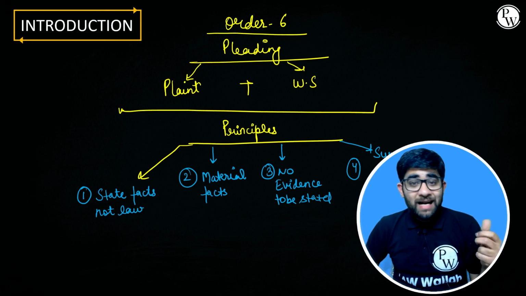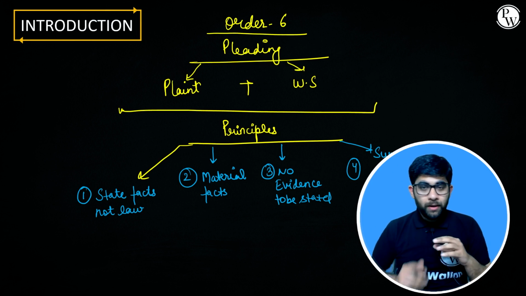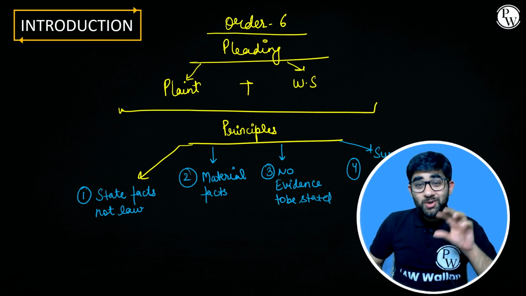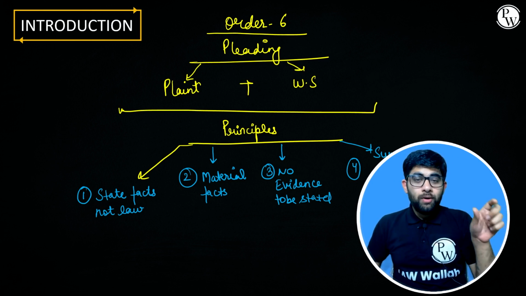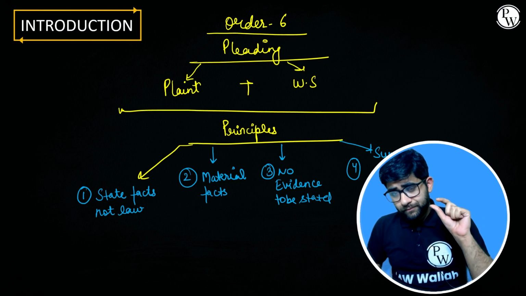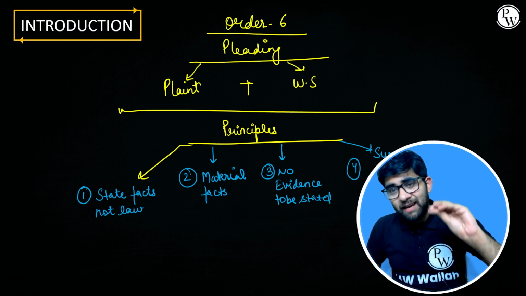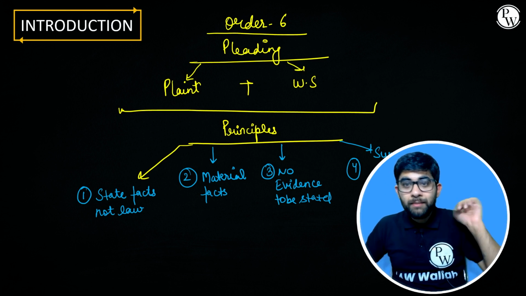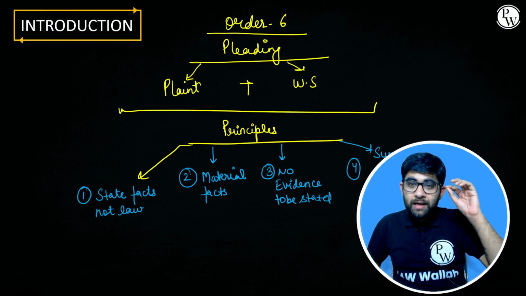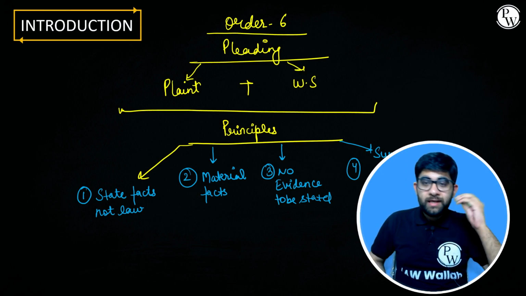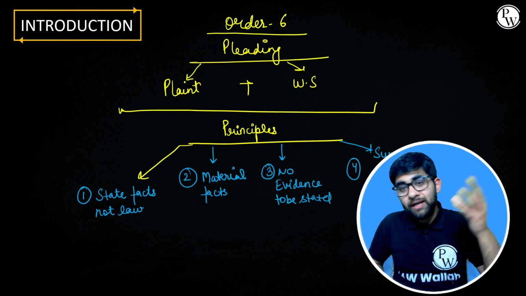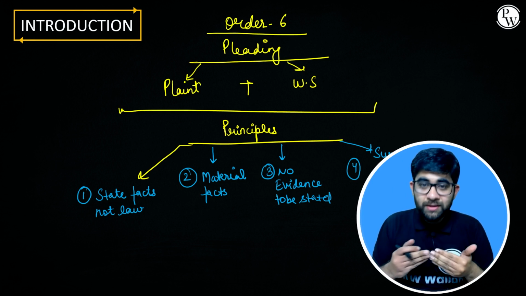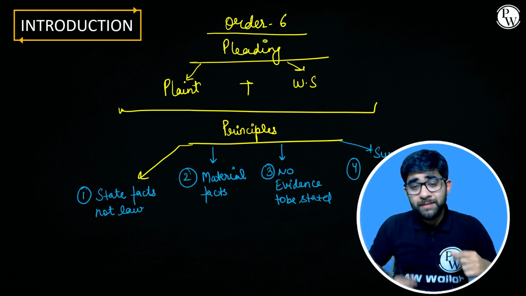Now the facts must be all material. For example, A sold goods to B. Now what has happened is that A gave goods to B and B ordered the goods; that is a material fact. But B has two children, or what is in B's family, is not relevant, so you do not have to include that in your plaint. This is what your principle says.